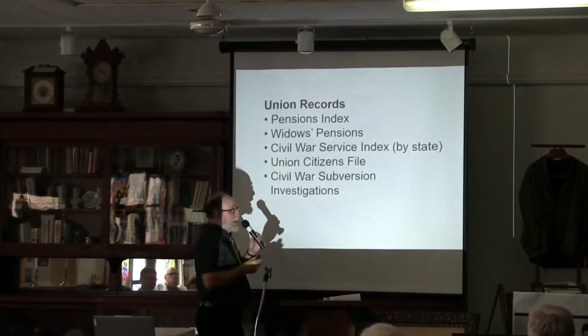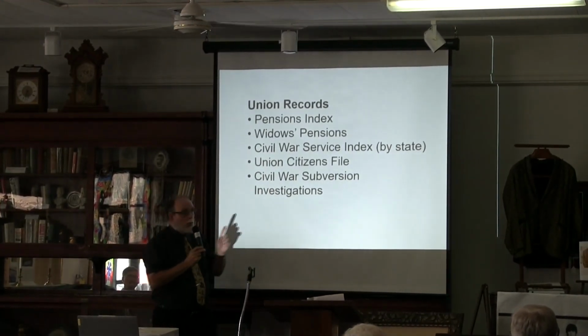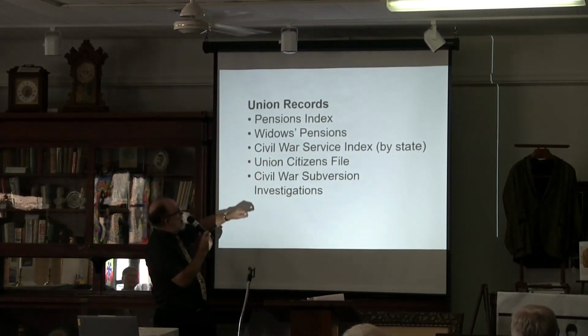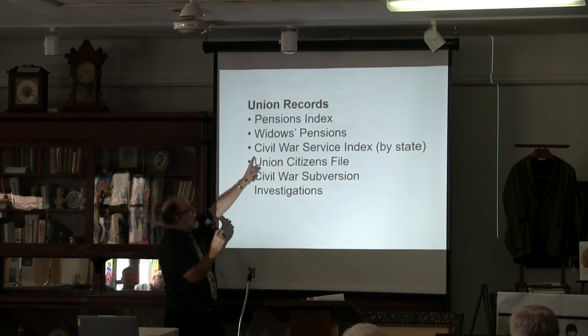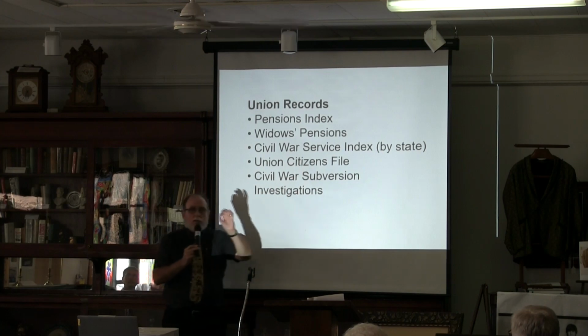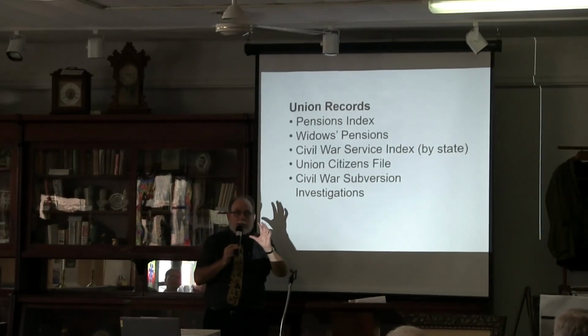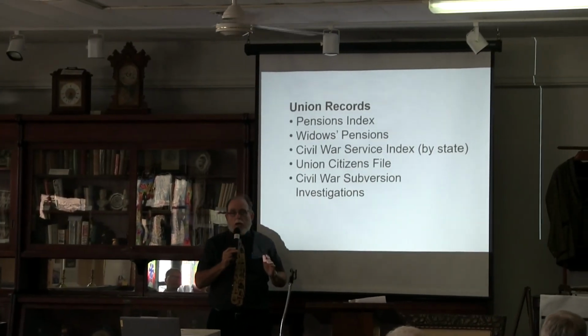It also contains, I believe, probably one card for widows' pensions. It also has generally one card that gives the Civil War service of the ancestor and lists the name of a regiment.